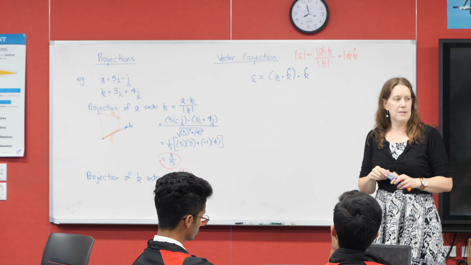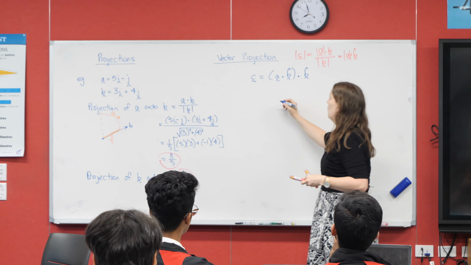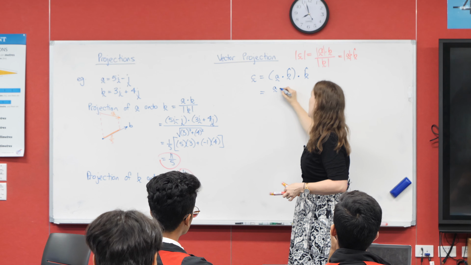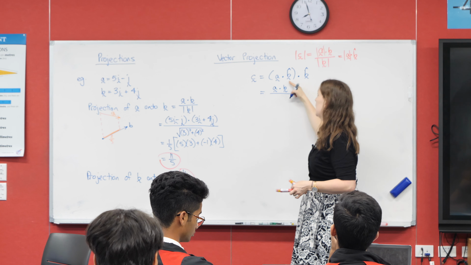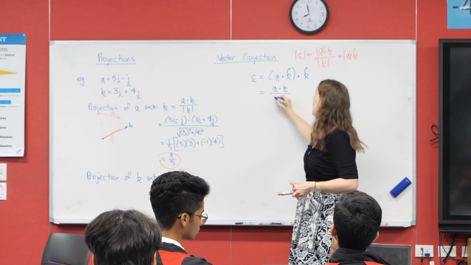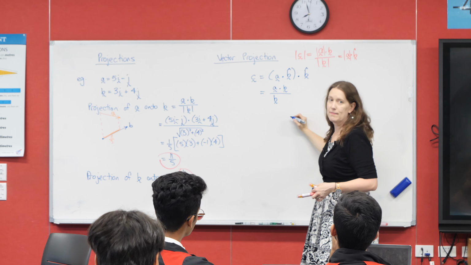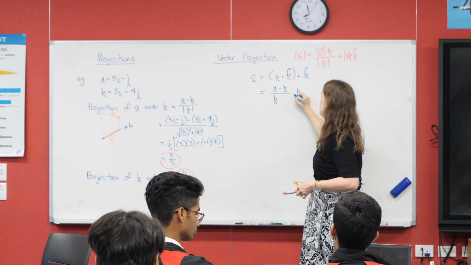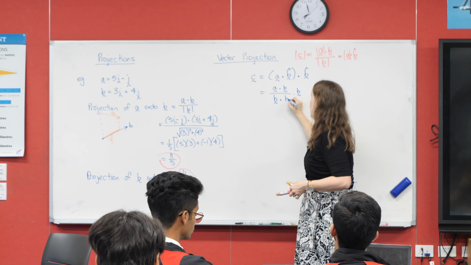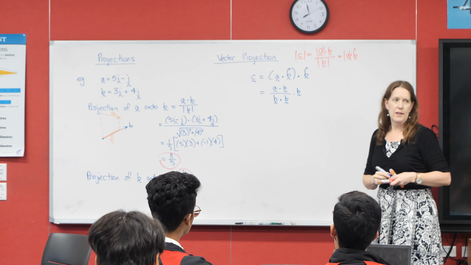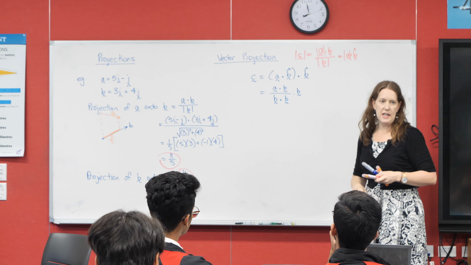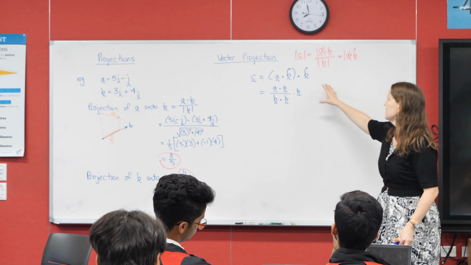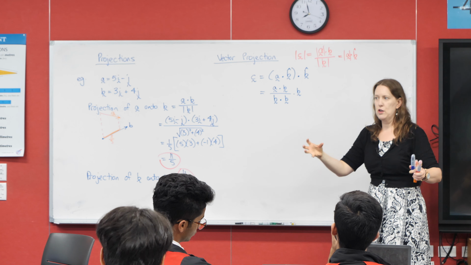Does that make sense? We can then go on to sort of unpack all of this. We can say that this is A dot B over the magnitude of B, because we're going backwards on this one, and this one here is also B over the magnitude of B. So there's my two unit vectors hidden in there. I know that seems like a little bit of a palaver because it's just gone backwards from unpacking our unit vectors.